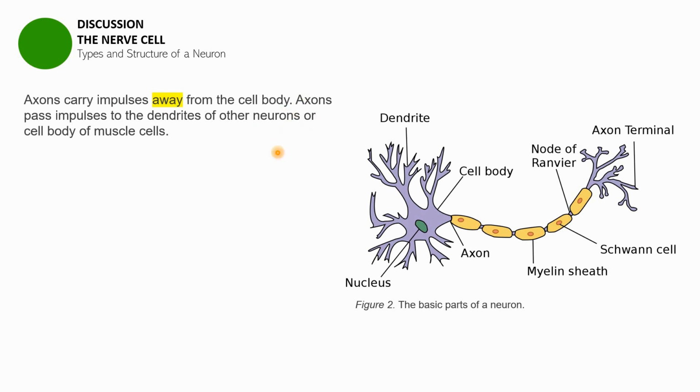Now axons pass impulses to the dendrites of other neurons or the cell body of muscle cells. Halimbawa, itong dendrite, it's gonna receive the signal, and then the cell body will be given that signal from the dendrite. The cell body then relays the signal to the axon, which then goes through these terminals that are connected with the dendrites of other nerve cells or the cell body of muscle cells.